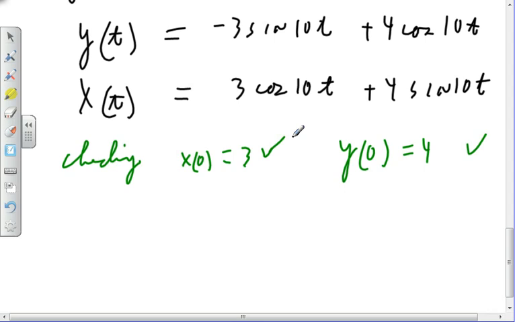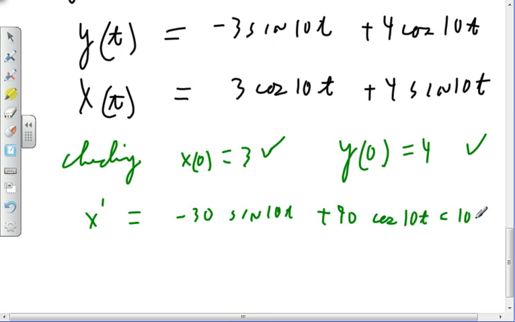All right, so both of my initial conditions check. And x prime is supposed to be 10y. Okay, so x prime is minus 30 sine 10t plus 40 cosine 10t, which is in fact 10y. Check.